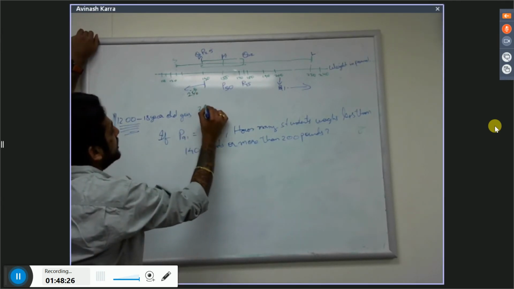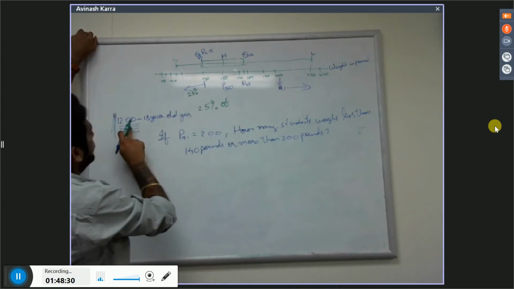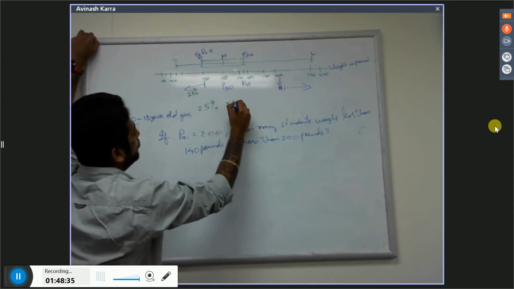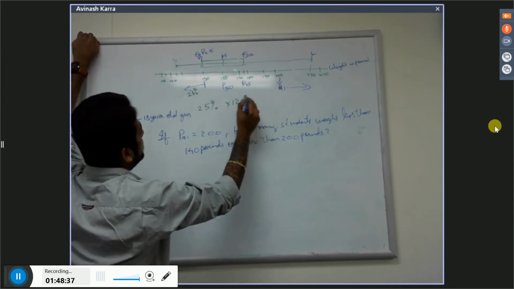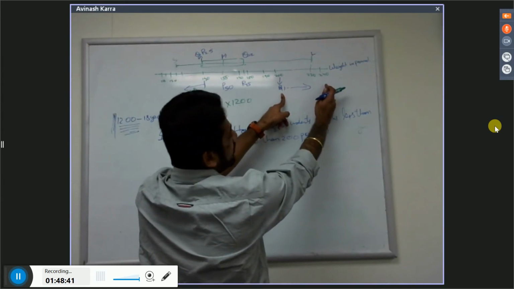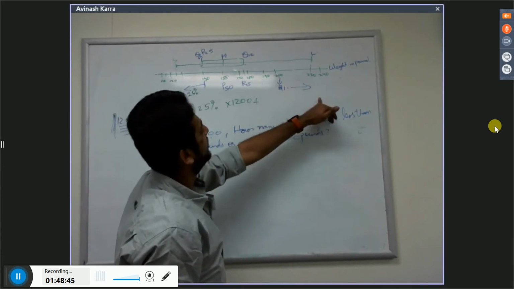So 25% of total. How many students? 1200. So 25% of 1200, plus we need this value also. What is the percentage we need to take?